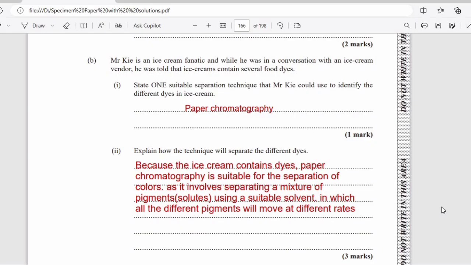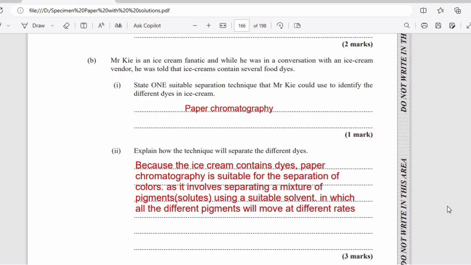It involves separating a mixture of these pigments and using a suitable solvent in which all the different pigments will move at different rates. So if you've done this as an experiment with your teacher, you know you get chromatography paper, you draw a little line on the bottom of the strip of the paper. You would put a little bit of that ice cream in the middle or the center of the line, and then you would place the paper in your solvent.